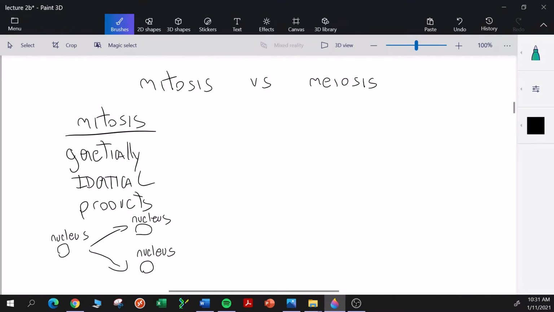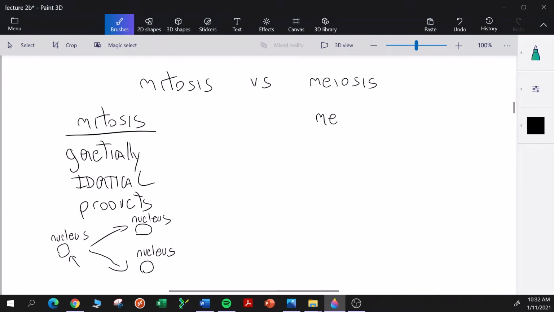And the purpose of mitosis is to make genetically identical products, so products that are genetically identical to the starting nucleus. So the sequence is the same, the number of chromosomes is the same. Everything is the same. That is the goal and the purpose of mitosis.